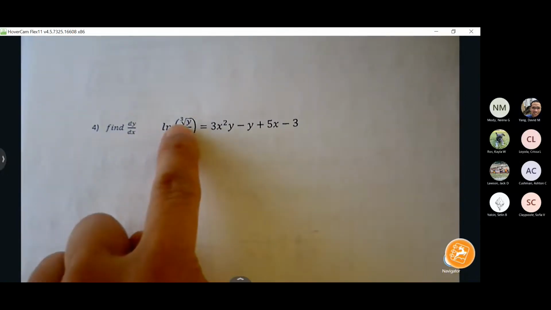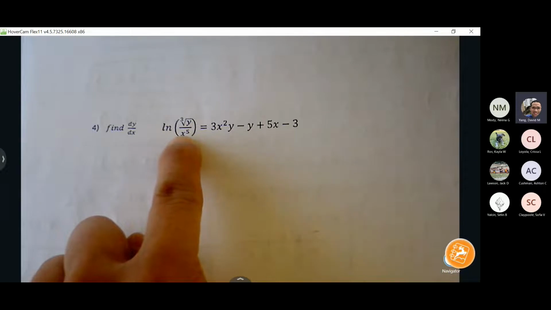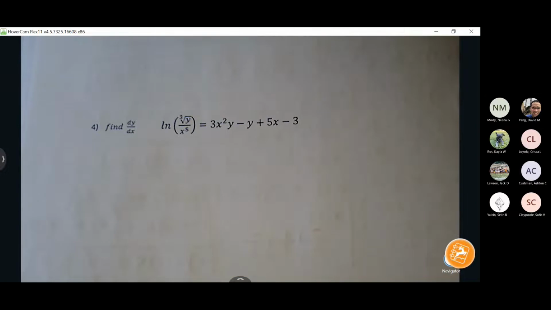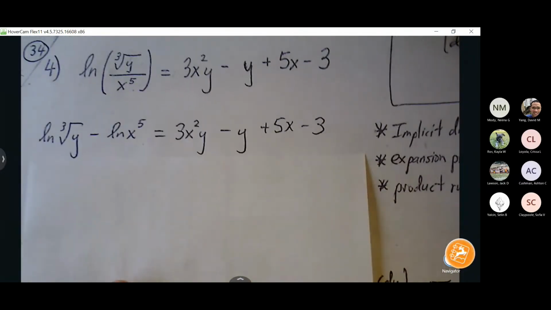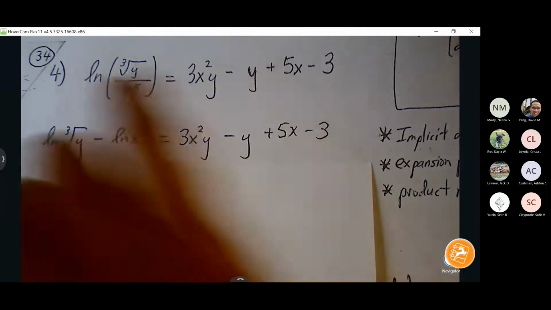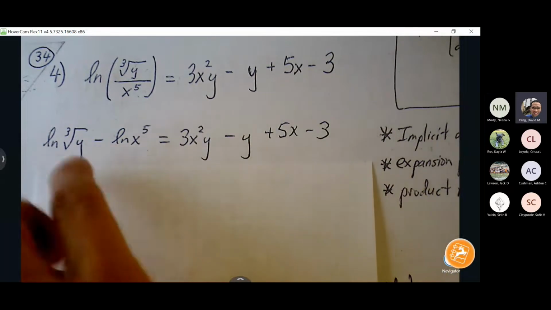Remember, natural log of a over b can be expanded into natural log of a minus natural log of b. We can continue working with this, right?